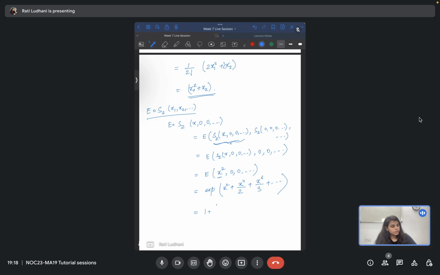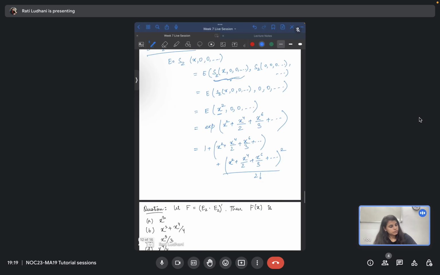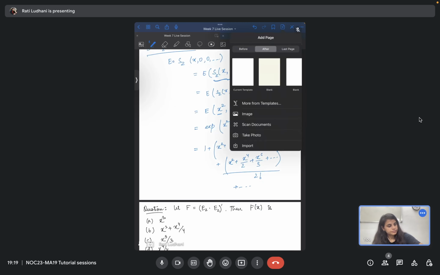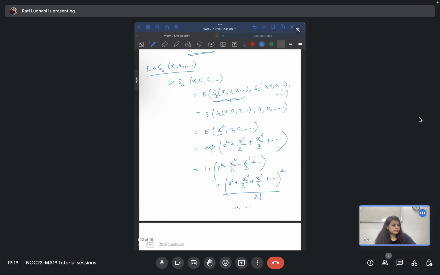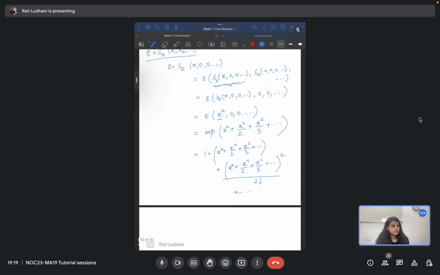Exponential says you take x square plus x raised to power 4 by 2, 6 by 3 up to and so on, by 1 factorial, plus the square of it by 2 factorial, and you go on, right?